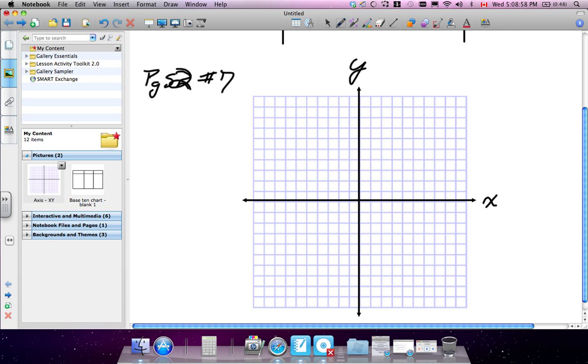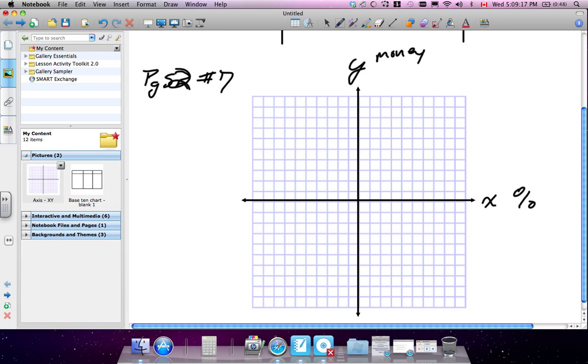So we'll call this money. Actually, I like the way I had it before, just because I want to give you a flat graph. We'll do money, percent.